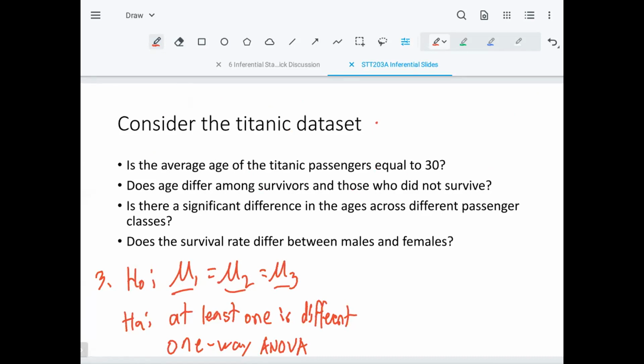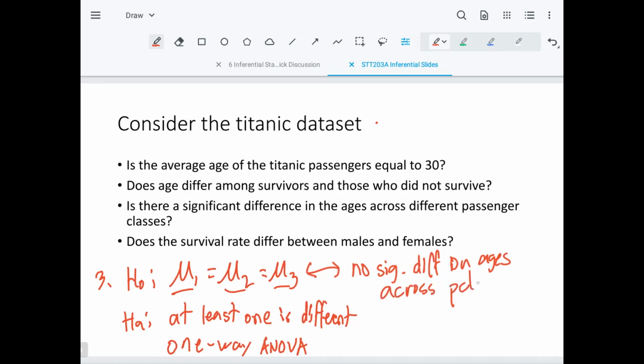The first one, the null hypothesis, how are we gonna interpret this? Can we write it in words instead of statistical terms? Actually, yes. Paano ba ito? No significant difference or no effect on ages across passenger classes.